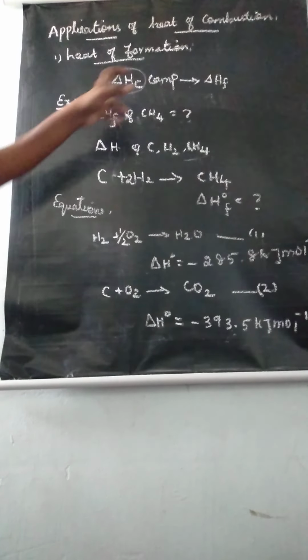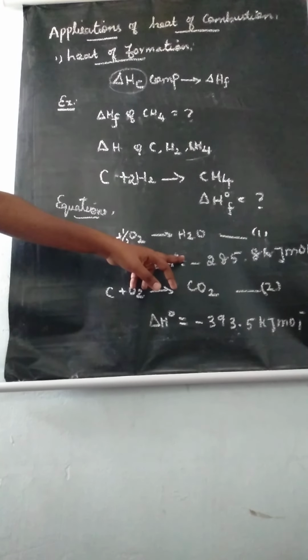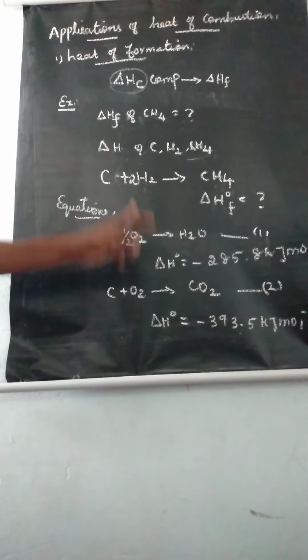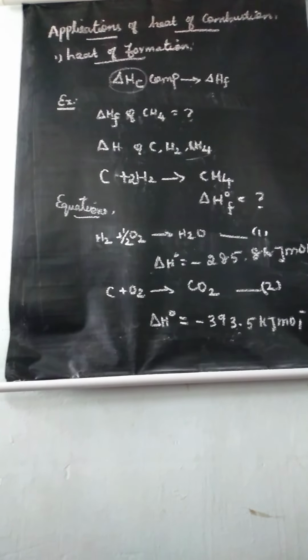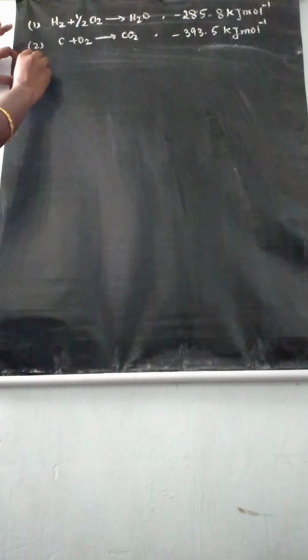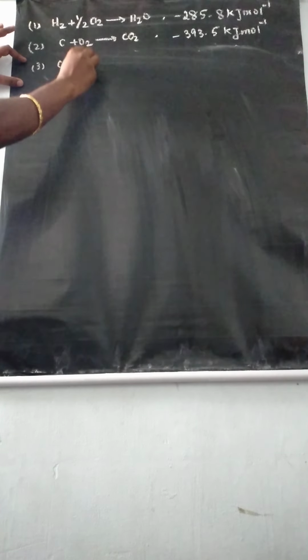We are going to calculate the heat of combustion of methane, using the heat of formation of some other organic compounds. Here we consider two organic compounds. Now the third equation: methane burns with oxygen.